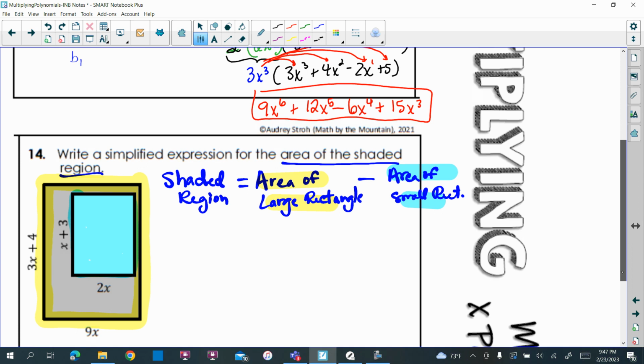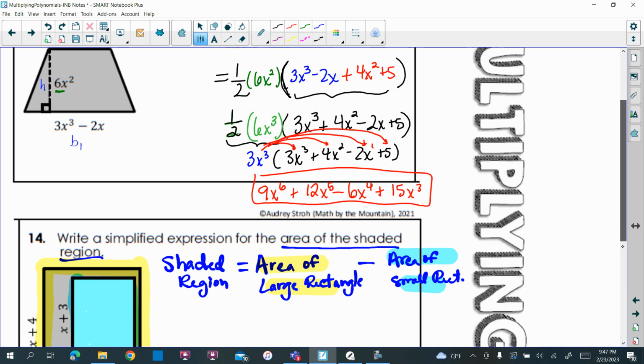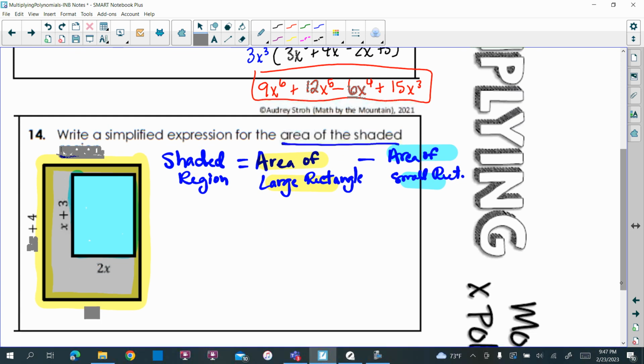But you might want to go ahead and write down this key fact about shaded area. To get your shaded region, or area of the shaded region, you have to take the area of the large rectangle, the whole figure, that's what I did in yellow here, and subtract it from the area of the small rectangle. Since we both have rectangles here, the area of the large one is still going to be basically length times width.